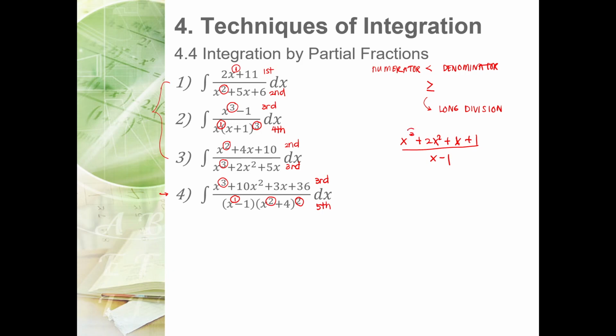The degree here is cube, and the degree in the denominator is 1, so you can use long division: x minus 1 divided by x cubed plus 2x squared plus x plus 1. Of course, again, if the degree is lesser than the denominator, you're going to use partial fractions.